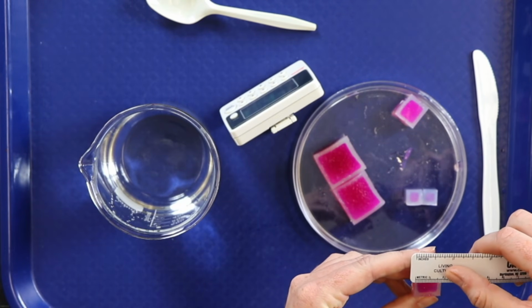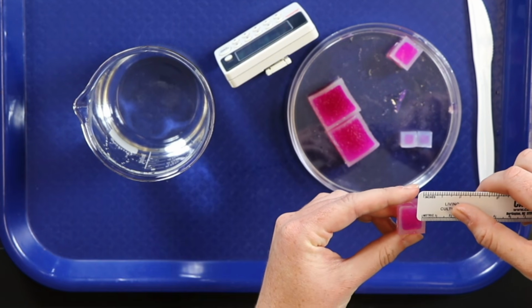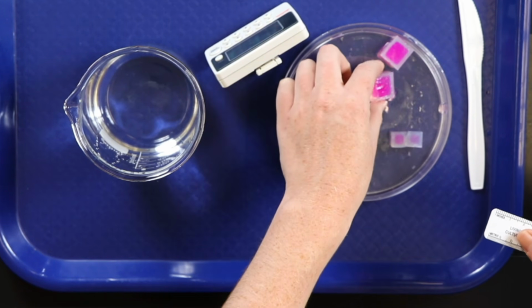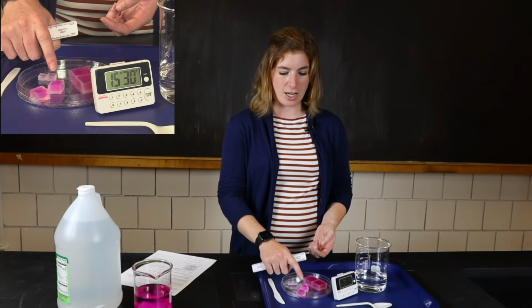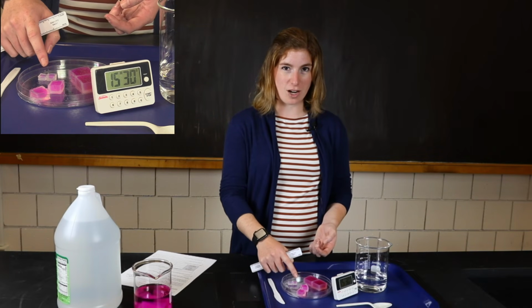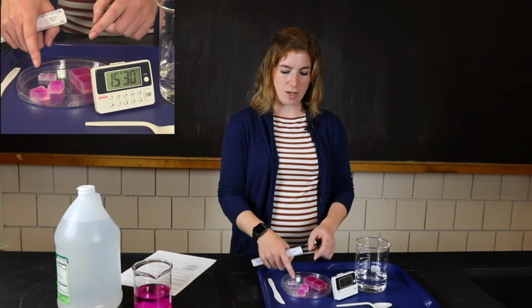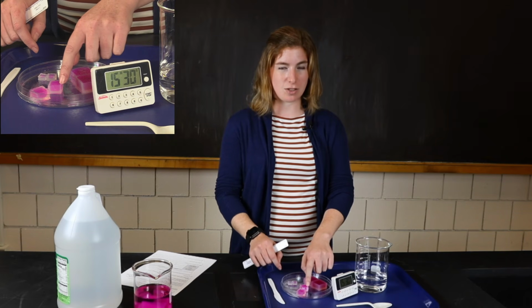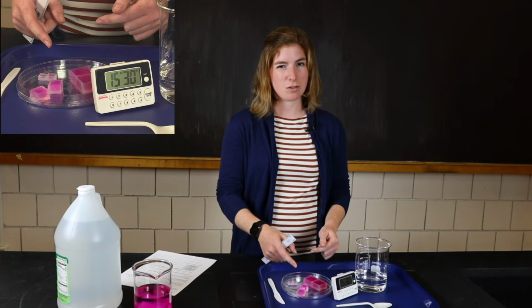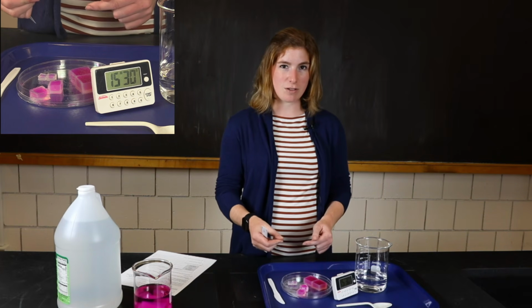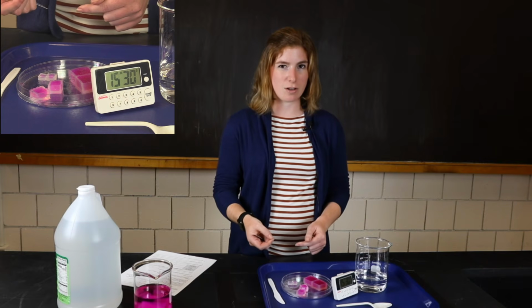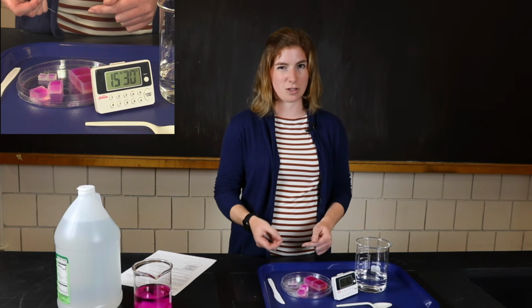When I measure it, I see again that it went 0.2 centimeters on each side. This time, remember, I have 2 centimeters all the way across, but it went 0.2 centimeters in on the left and 0.2 centimeters in on the right, which means out of my 2 centimeters, 0.4 centimeters got vinegar, or were diffused.